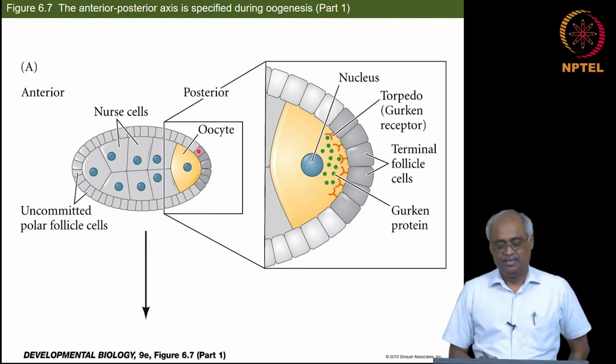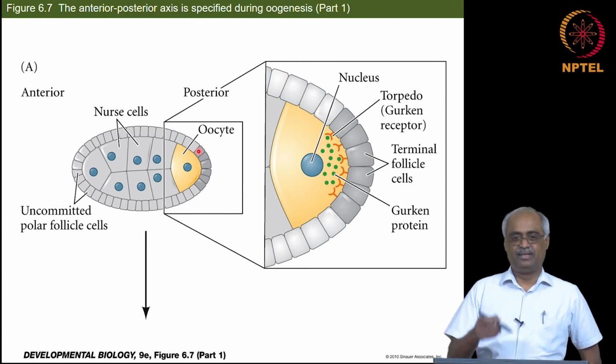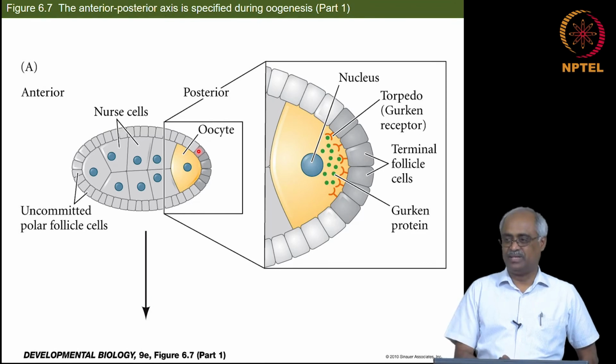Now we are going to make the top, bottom, front, back for the oocyte. No sperm yet. This is not yet a zygote.